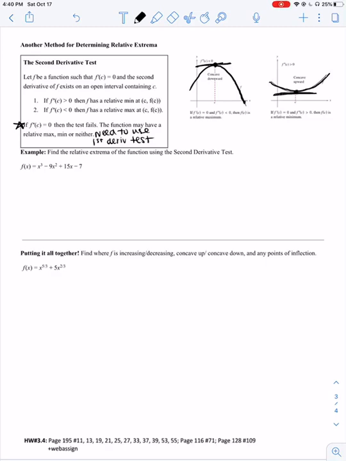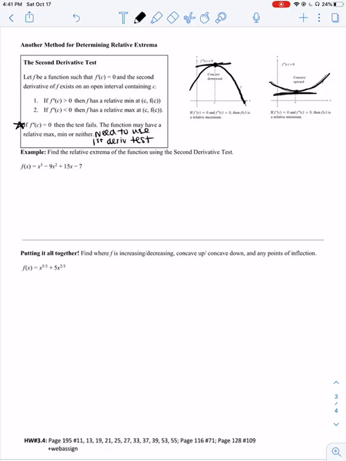It's just kind of situational. So we'll do it this way. We'll use the second derivative test, and then I'd encourage you to also find the relative extrema using the first derivative test on this same problem to see which method you prefer, because you can use either.